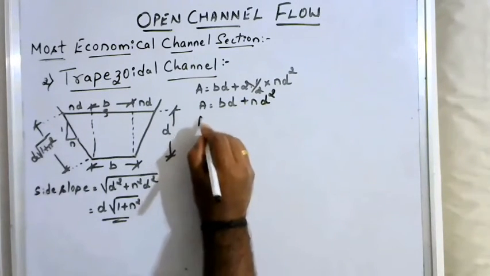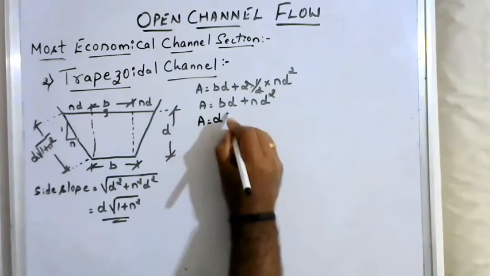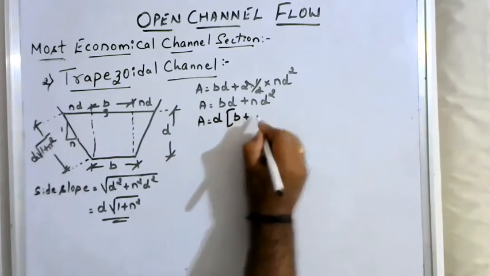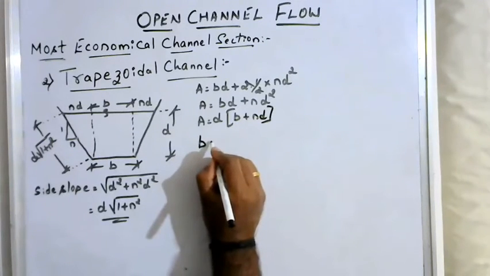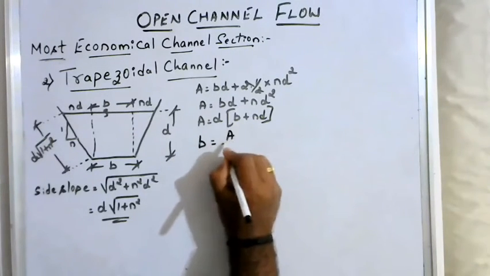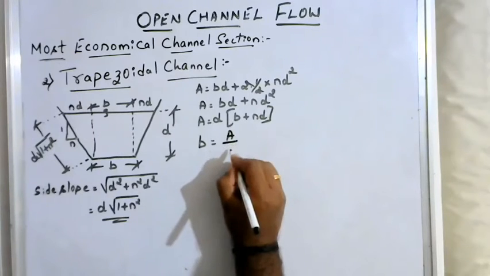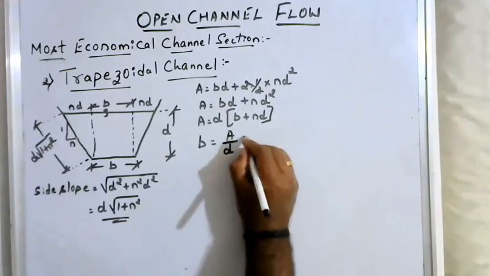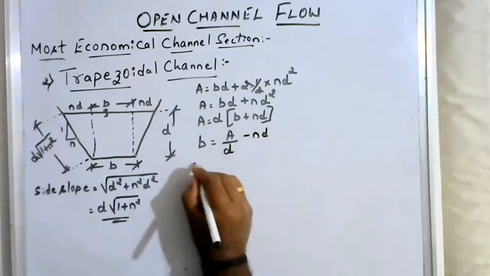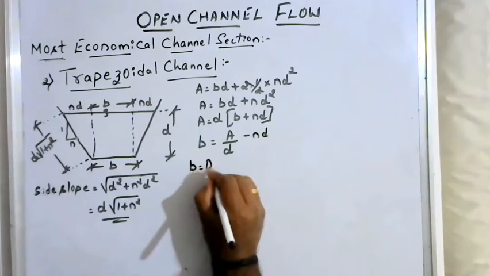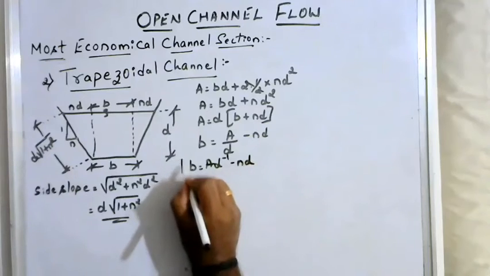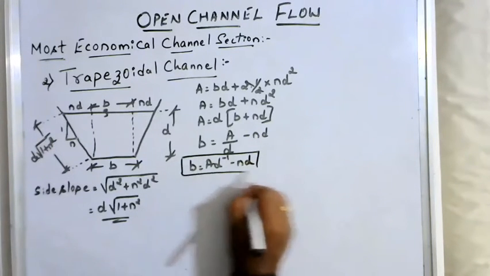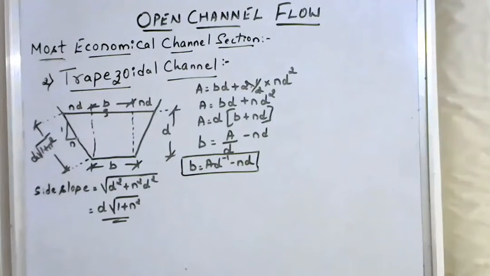If I take d common, it becomes b plus nd. Therefore b is equal to A by d minus nd, which I'll write as A d power minus 1 minus nd. So this is how you can write it.